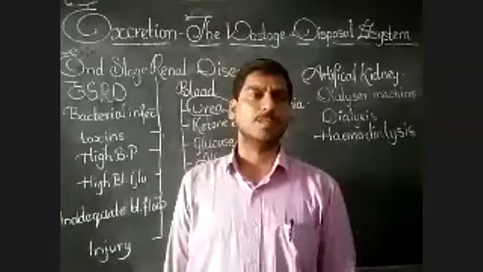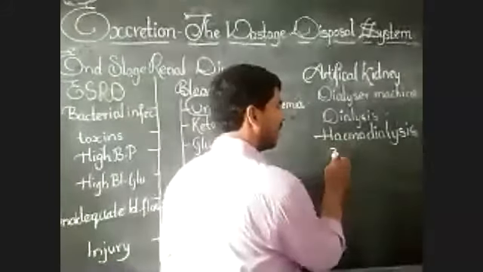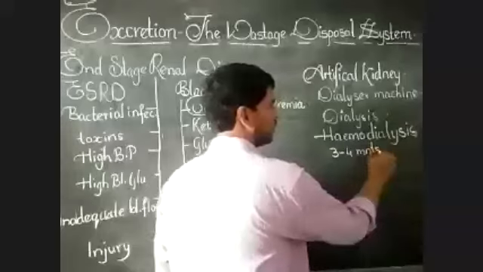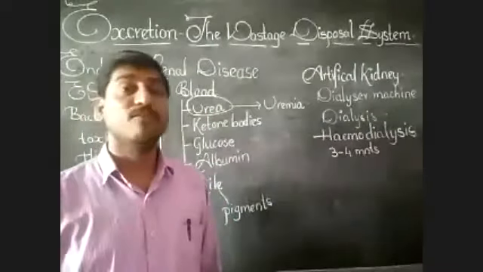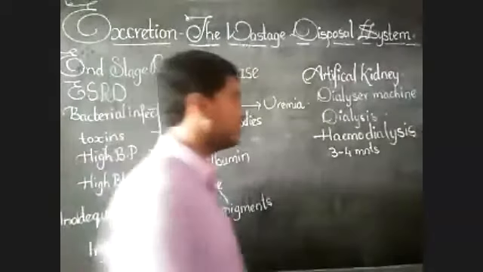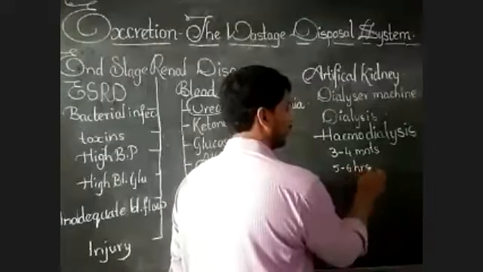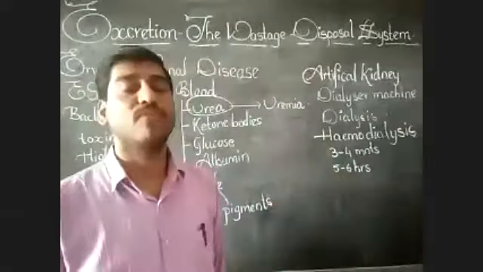Generally, a patient undergoes dialysis once in every 3 to 4 months, and one sitting takes nearly 5 to 6 hours for complete filtration of our blood.